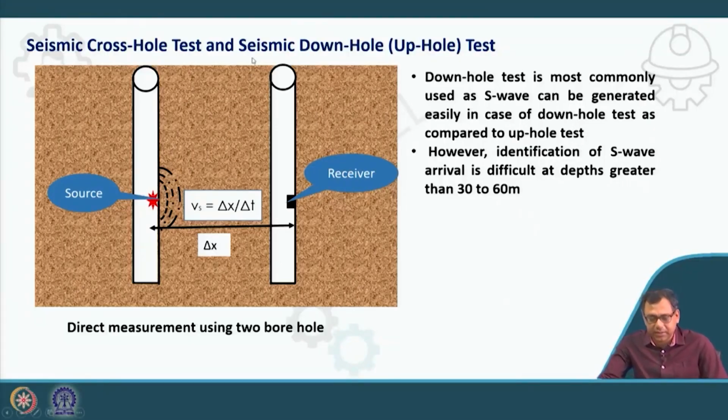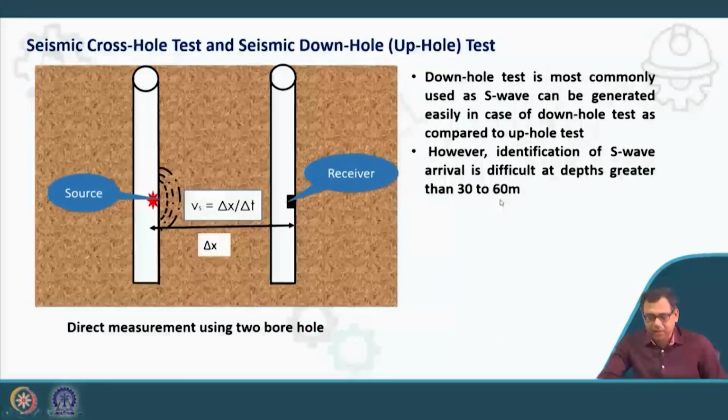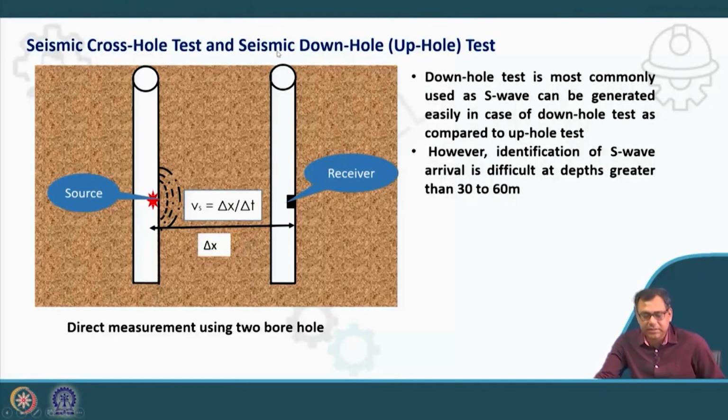This is a seismic crosshole test with a two borehole system. It can be done for a three borehole system also, where we have the source and two boreholes are used for the receivers.